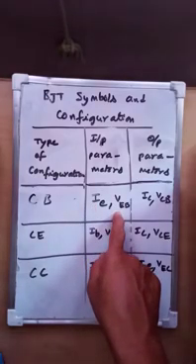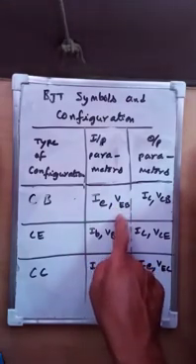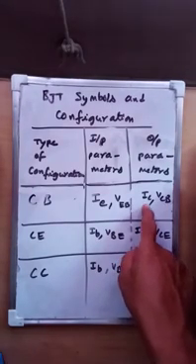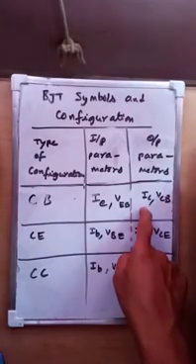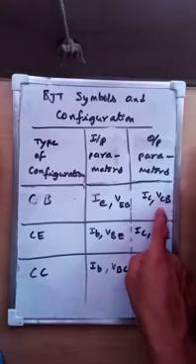The voltage between the input emitter and base is VEB. Similarly, the output terminal is the collector, so the current through it is IC, and the output port is between the collector and base, so the voltage between them is VCB.